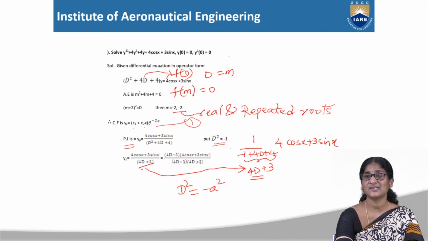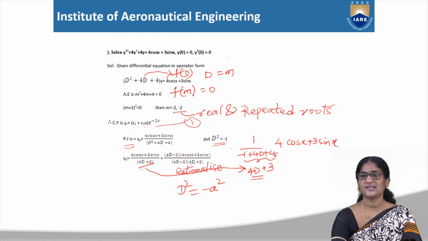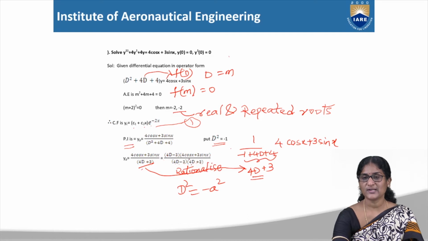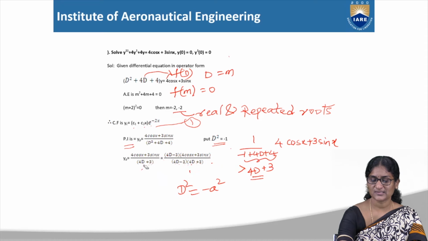But in the second stage I don't have a D squared term, so you just rationalize the denominator, to get a D squared term in the denominator. So that we'll see in the next slide.